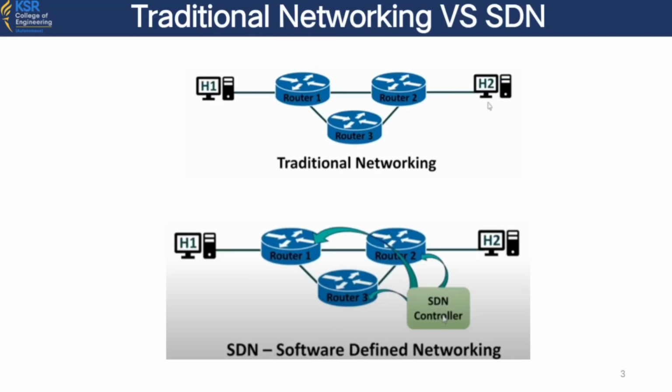Once you have set up the networking, the decision making part of forwarding the data is taken care of by the SDN controller. This SDN controller will decide how routing should happen in the network. So in traditional networking, routers decided how data should be forwarded based on algorithms. In SDN networking, software inside the SDN controller decides how data will be forwarded in the network.